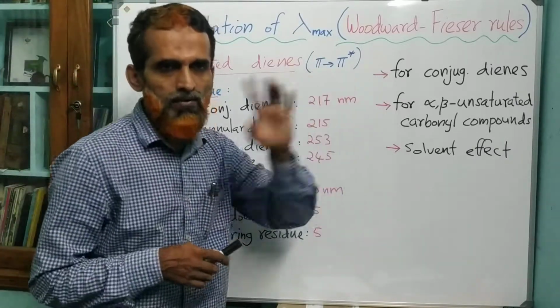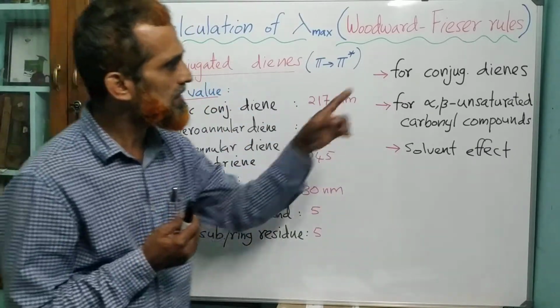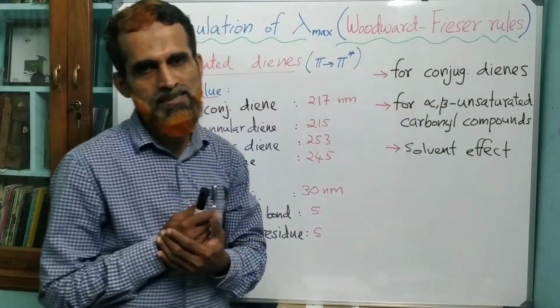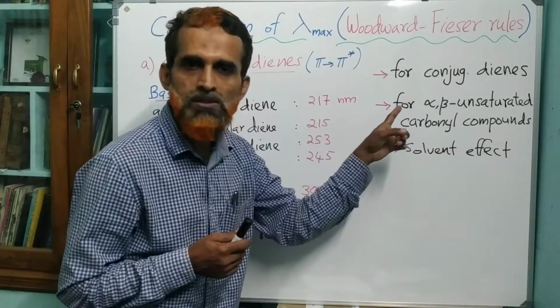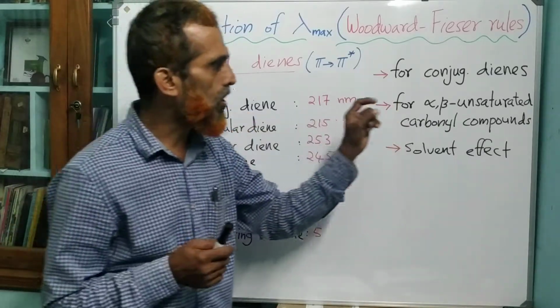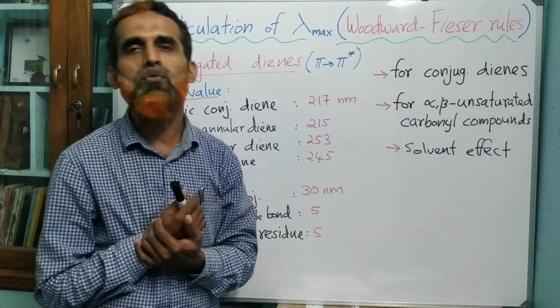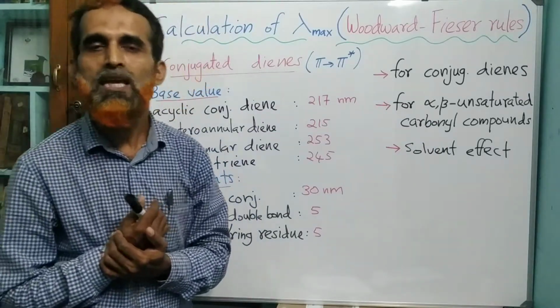We have two classes of compounds. One is calculation of lambda max of conjugated dienes, and the second one is calculation of lambda max of alpha beta unsaturated carbonyl compounds, or simply we call enones.